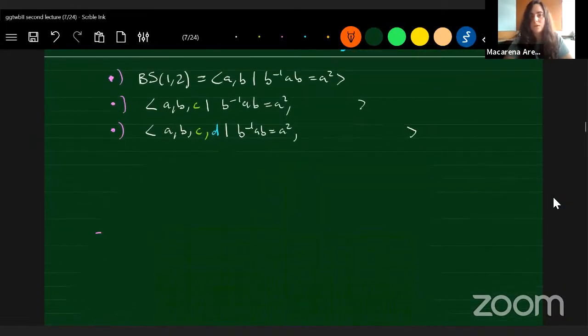And the interesting thing is that this phenomenon can be utilized to produce even bigger Dehn functions. So we saw that the Baumslag-Solitar group has an exponential Dehn function.